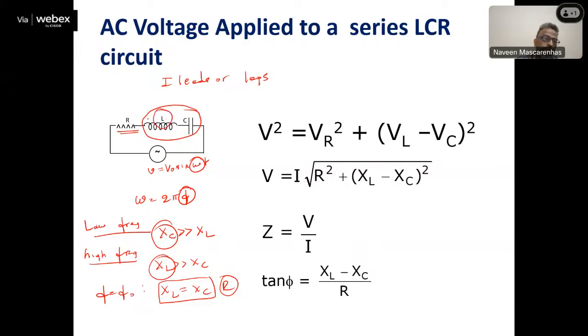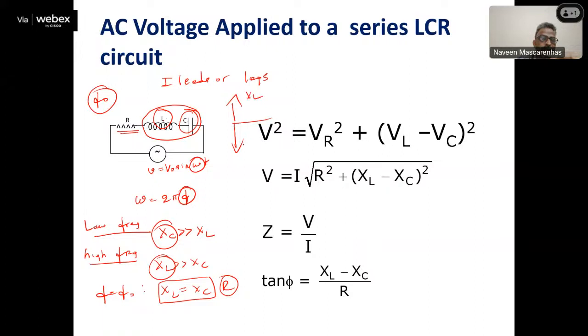But the coil is going to control the current at very high AC frequencies, and the capacitor is going to offer the highest opposition to the flow of AC current at very low frequencies. But at a frequency called the resonant frequency, which is one single frequency, neither the coil nor the capacitor, they offer reactance, but their reactances will be equal and opposite.